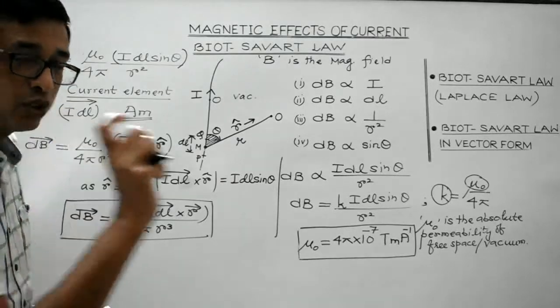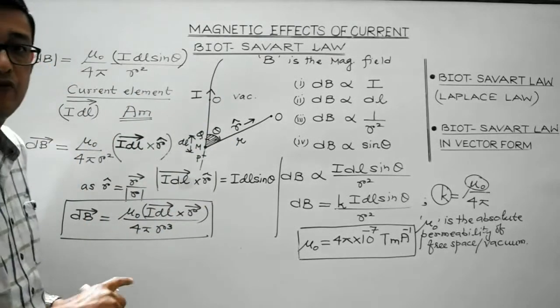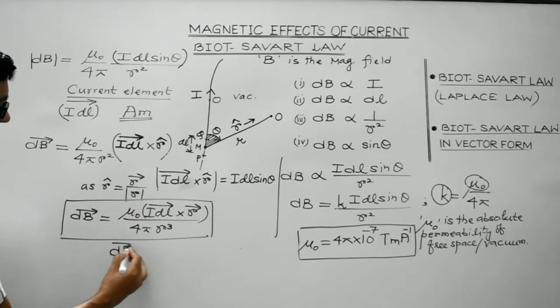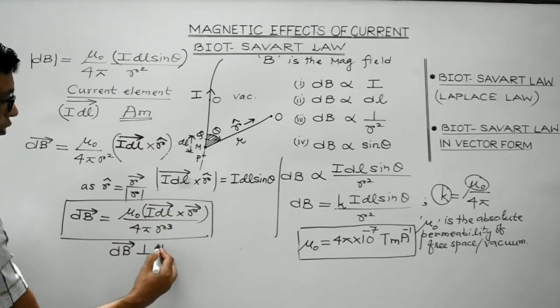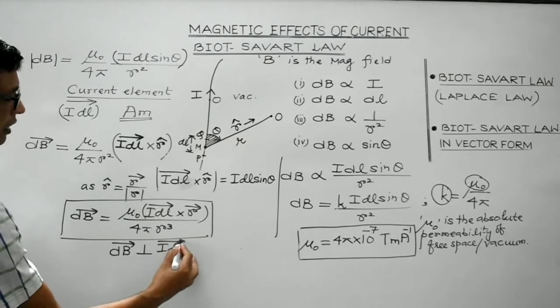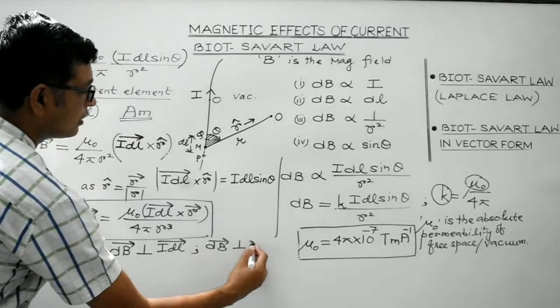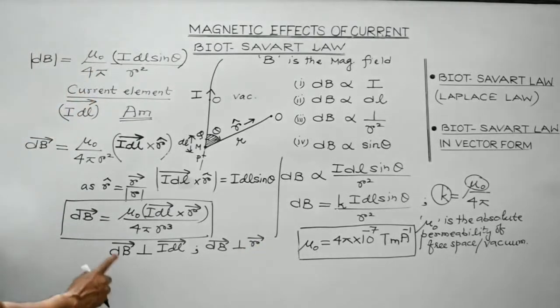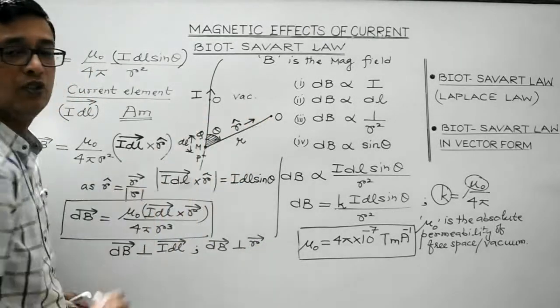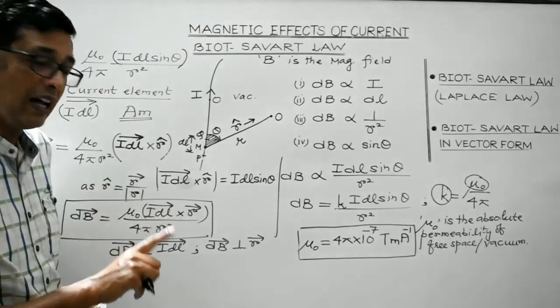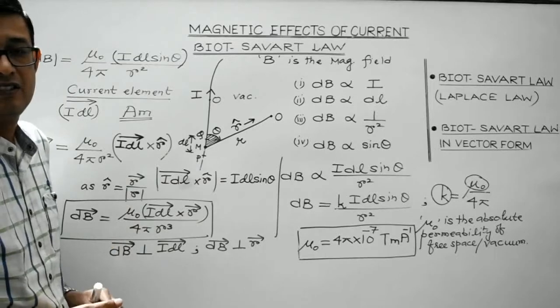So we can safely conclude that dB vector must be perpendicular to the current element as well as perpendicular to r vector. That is, the magnetic field at point O must be perpendicular to both the current element as well as r vector.